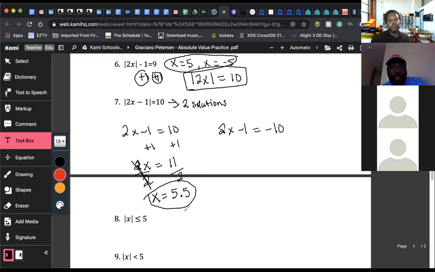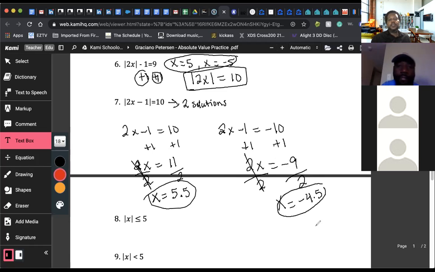Okay, so x is equal to 5.5 is 1. And x is equal to negative 4.5 is the other.